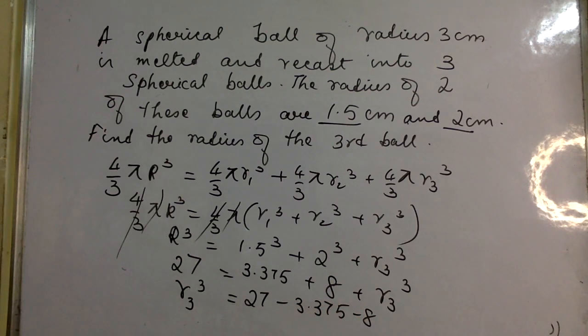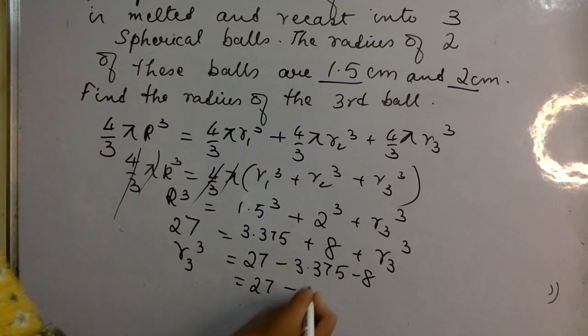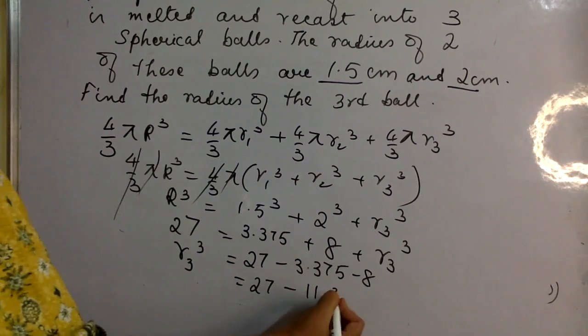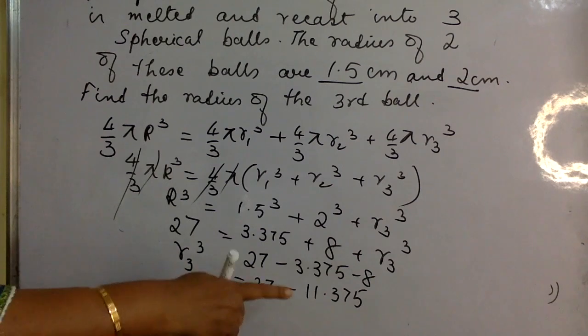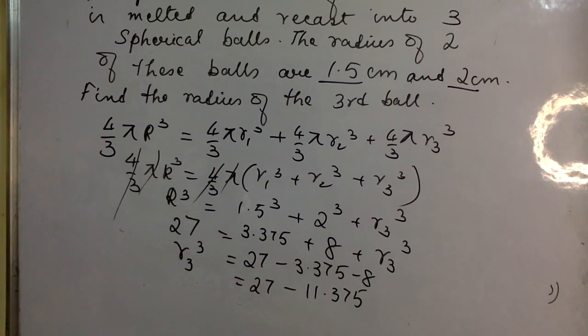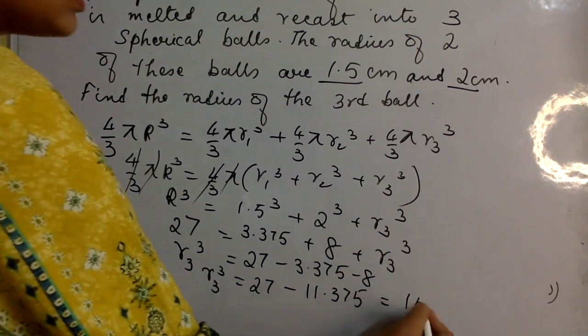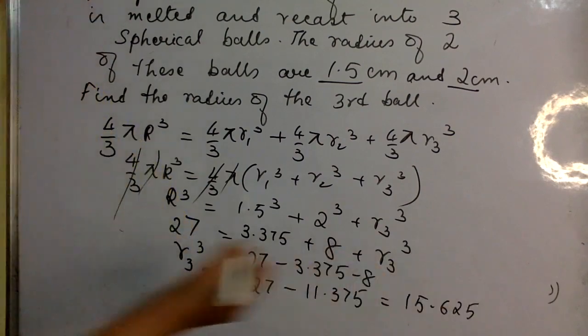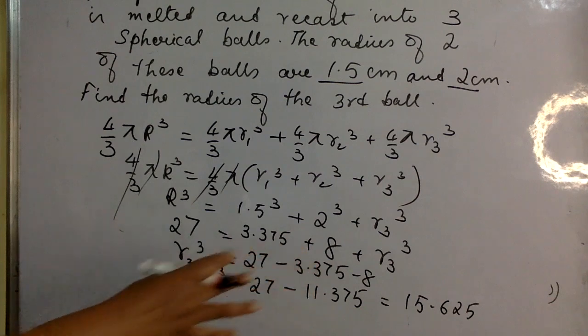That comes to 27 minus 11.375, and if I subtract this, I get r3 cube as 15.625. Now till here many of you will be able to get.